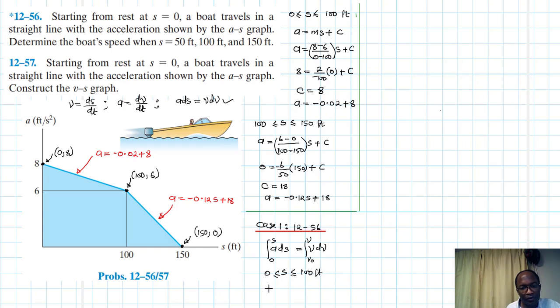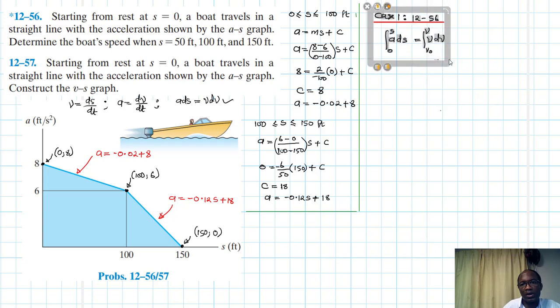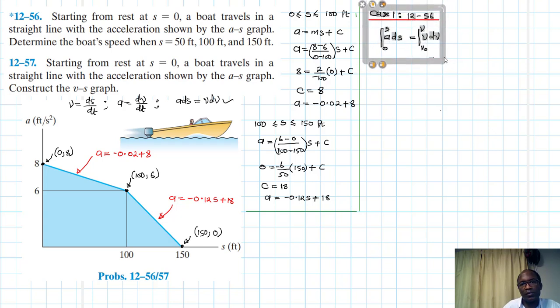Therefore this is going to be equal to, I will have from 0 to s. Let me bring the acceleration here.